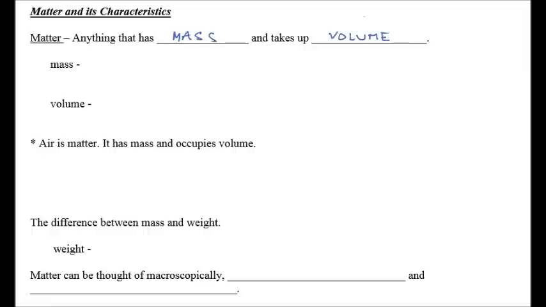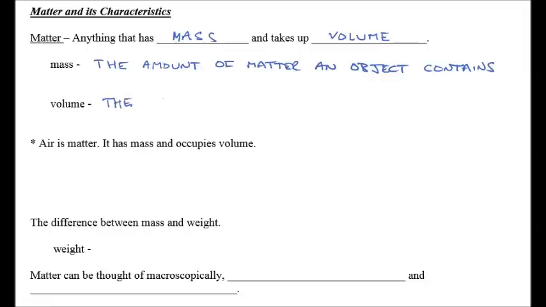When we talk about mass, we're talking about the amount of matter an object contains. When we talk about volume, we talk about the amount of space an object occupies.